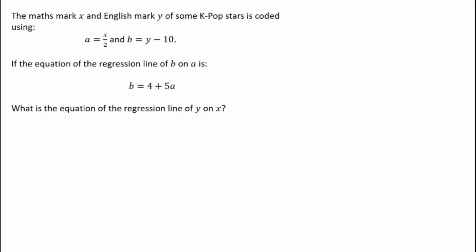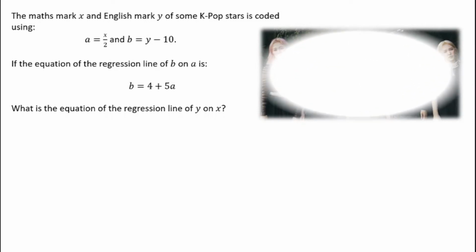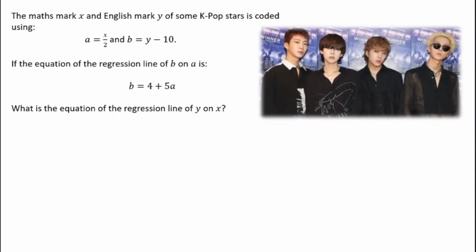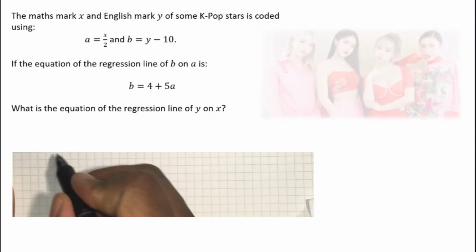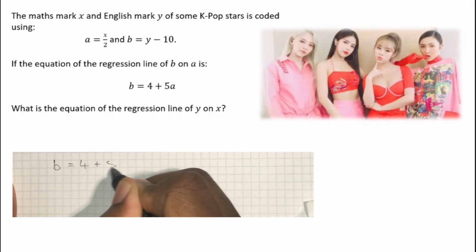Similarly, on this question, we have slightly different coding to look at. The maths marks x and English marks y of some K-pop stars are coded using these formulae: a equals x over 2 and b equals y minus 10. If the regression line is b equals 4 plus 5a, how do we go about making the regression line of y on x?